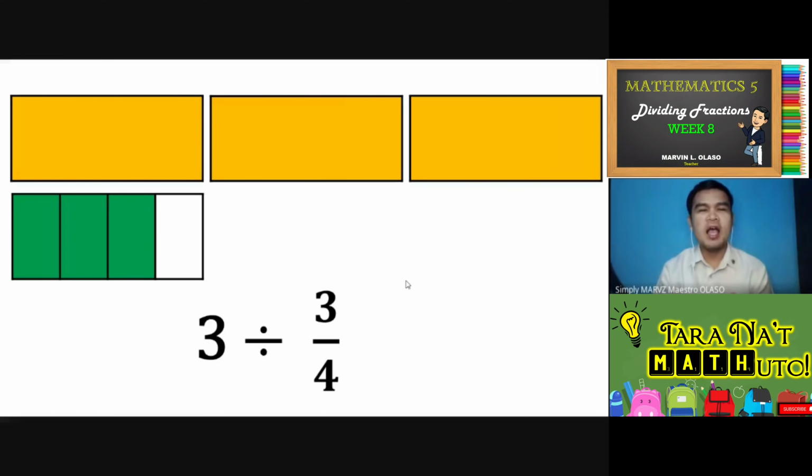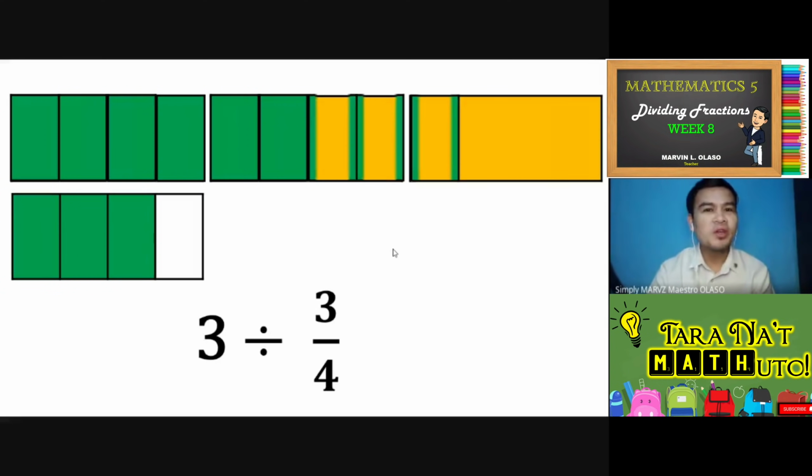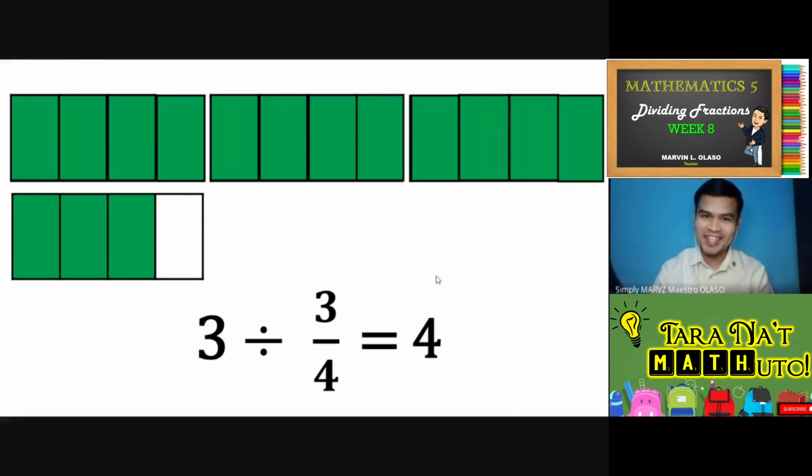Ilan kaya ang 3/4 na bumubuo sa tatlong buo? Bilangin natin. We have 1, we have 2, we have 3, and we have 4. Therefore, 3 divided by 3/4 is equal to 4. And that's the answer. Nakuha nyo? Congratulations!